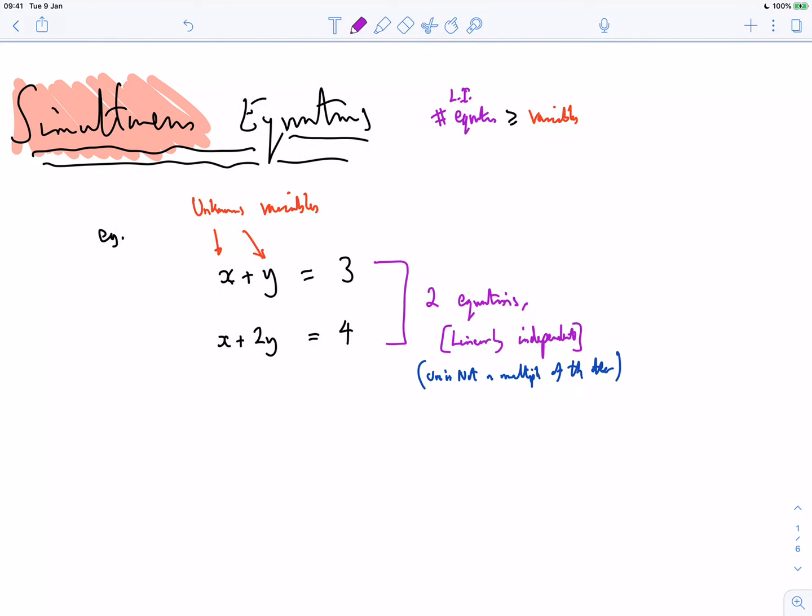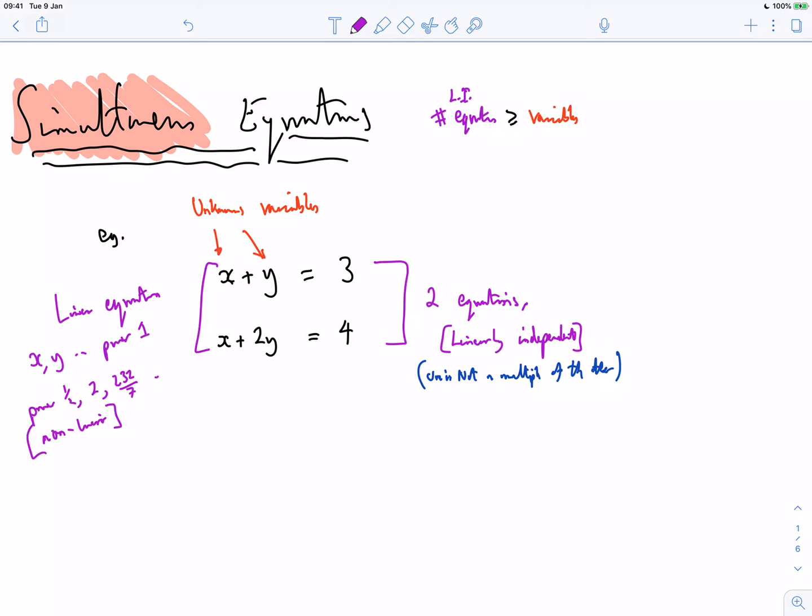Another point is that these are actually linear equations, and the reason they're linear is because all the variables x and y have power or order 1. If they didn't have a power of 1, so say they had a power of a half, or a power of 2, or a power of 32 over 7, and so on, if it's not equal to 1, then we say these are non-linear equations.